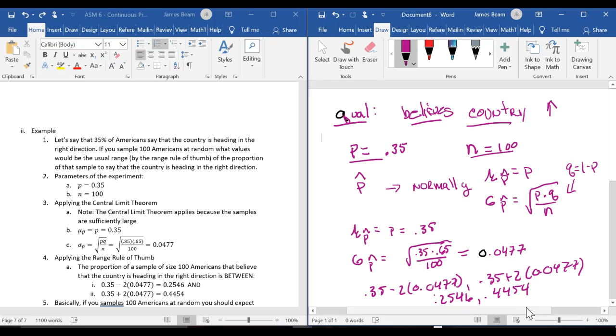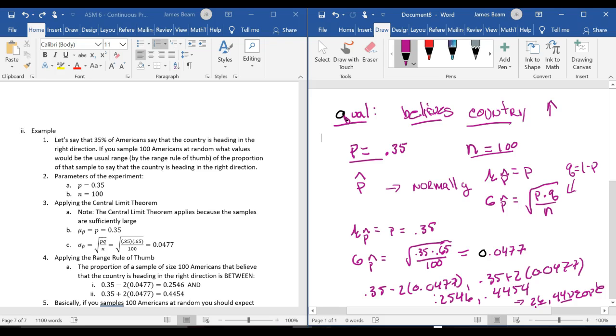Because the sample sizes are 100, that's literally between 26 and 44 people, right? So if I took a sample where 80 out of 100 people said that the country is going in the right direction, then something's not right here.